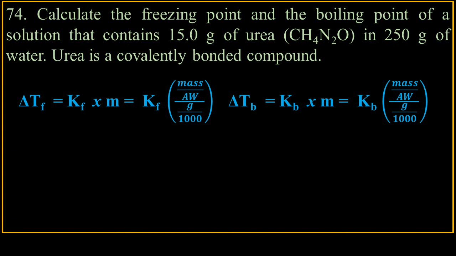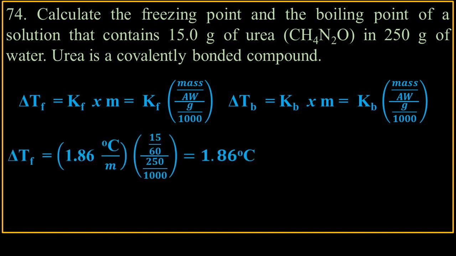Now we're going to put in the various factors. You can see I don't even have n for the number of ions in solution because it's not going to ionize. So I'm going to also put in the boiling point elevation there.